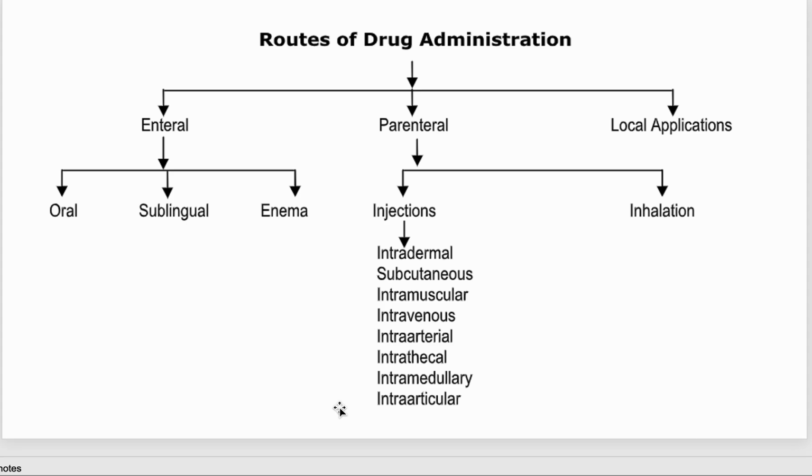In sublingual, that's under your tongue, the absorption is very fast. Obviously, the active medicine gets absorbed directly into the systemic circulation. Ephedrine hydrochloride tablet is administered this way in case of asthma, where you want immediate relief, immediate action.